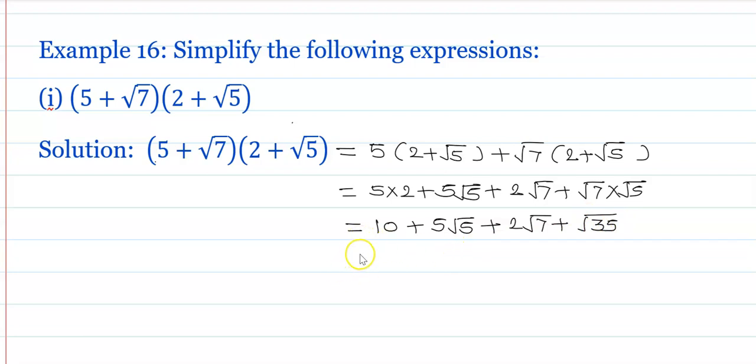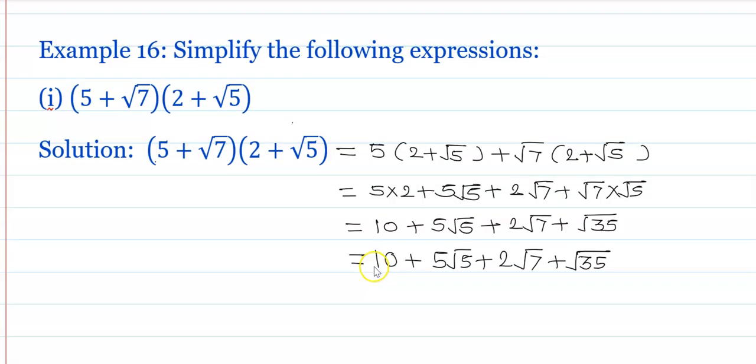Okay, and hence you will get here 10 plus 5 root 5 plus 2 root of 7 plus root of 35. This is the answer.